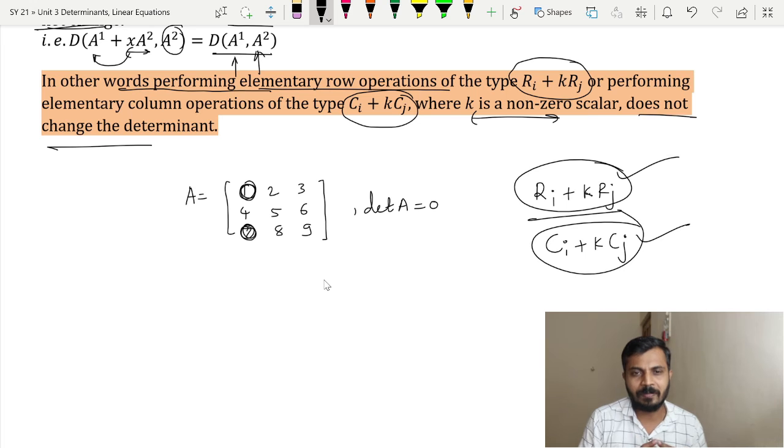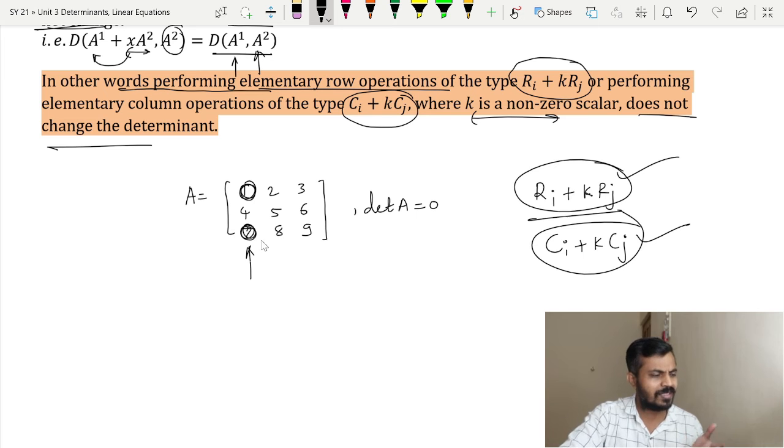Now as we have seen in Laplace expansion, we can find the determinant by using any row or any column, and we generally choose the row or column which has the maximum number of zeros. So over here the first column contains 2 zeros, so it will be easier for us to find the determinant by using the first column.